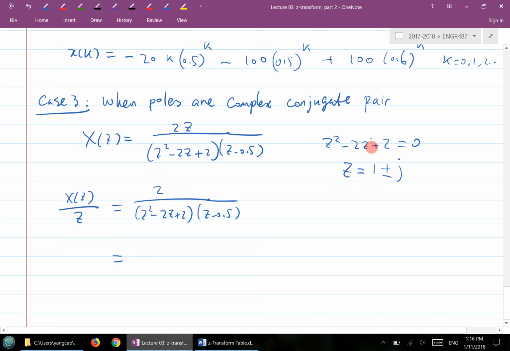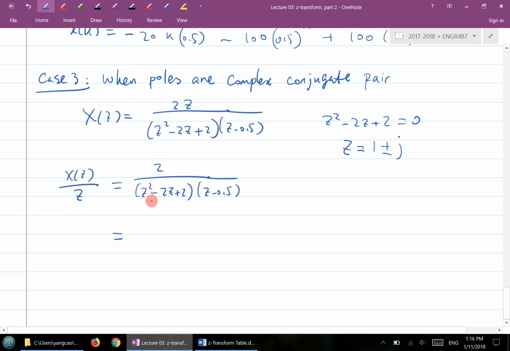Because you have complex conjugate poles for the first factor, z squared minus 2z plus 2, you use a partial fraction with numerator az plus b, one order less than the denominator. You'll see how we can find the inverse once we get the answers for a and b.